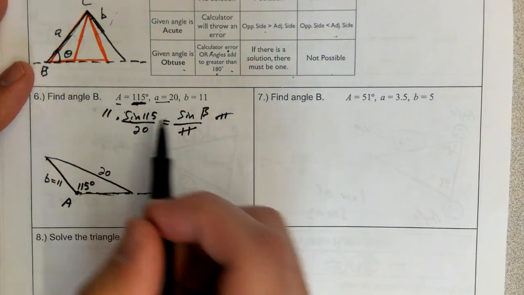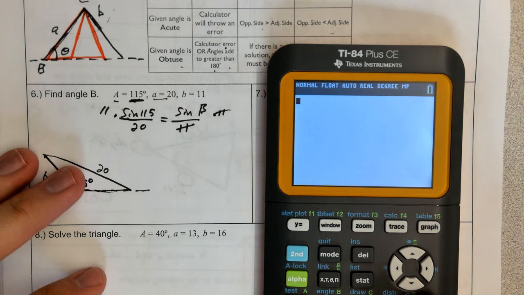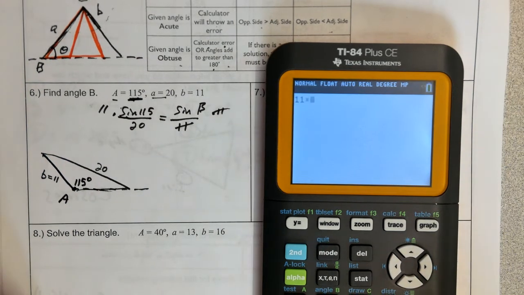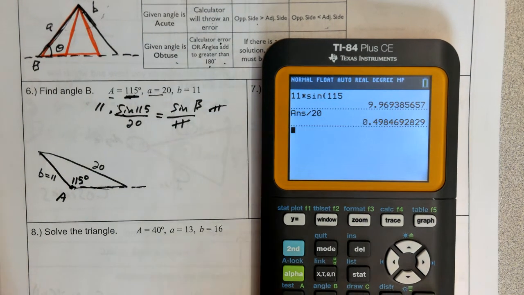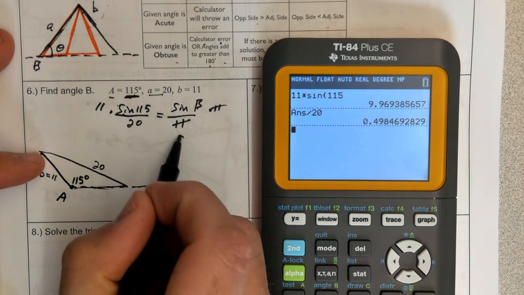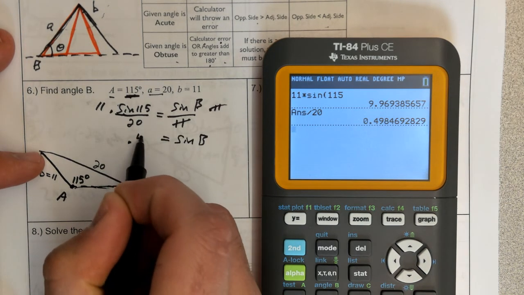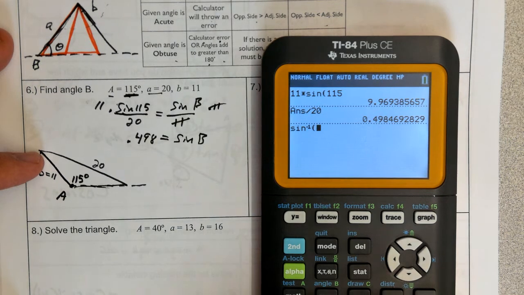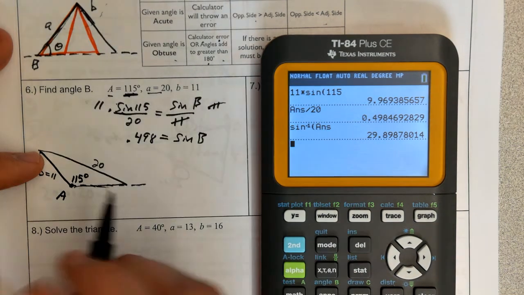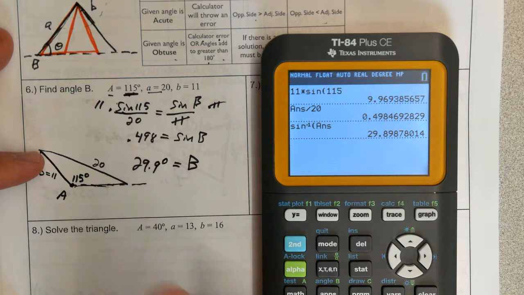Over here, I've got 11 times sine of 115 divided by 20, and that's sine of B. So sine of B is equal to 0.498, whatever. I'm just going to take the inverse sine of both sides, and that will kick out 29.9 degrees. So B is 29.9 degrees.